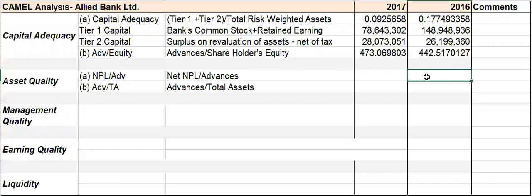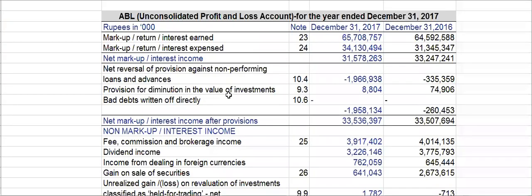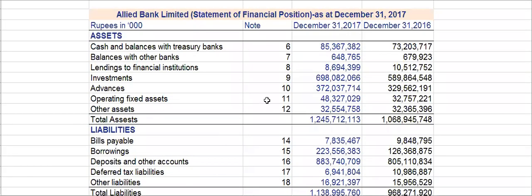First, we calculate the NPL over advances ratio in 2016. To calculate this ratio, we will go to the income statement. In the income statement, this amount represents the non-performing loans for 2016. Divide this amount by the advances in 2016.